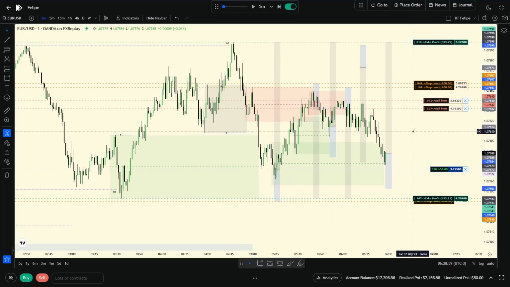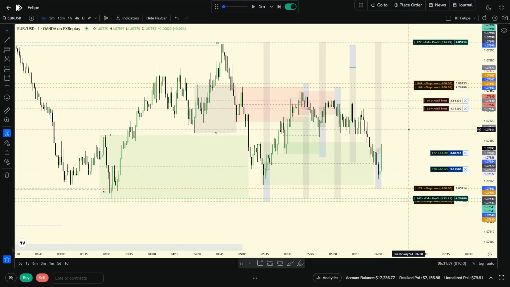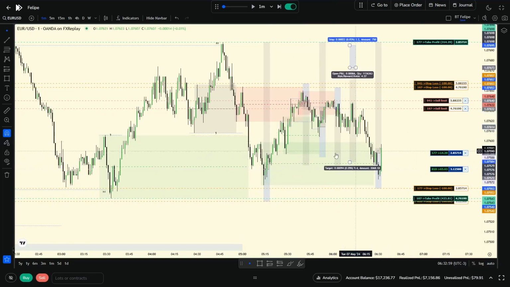That's fine. Maybe these shorts were the ones to target the internal range liquidity, like this.